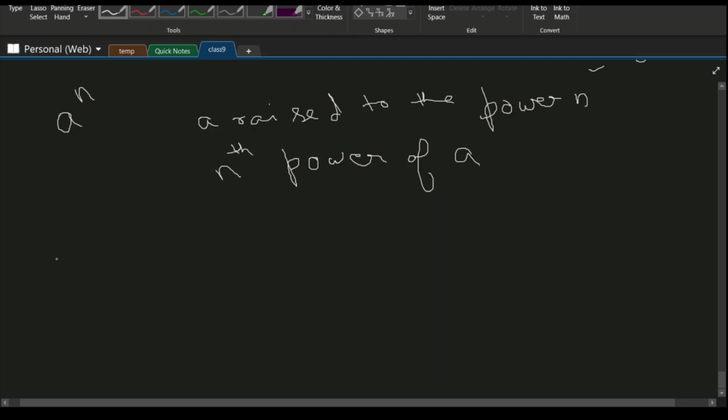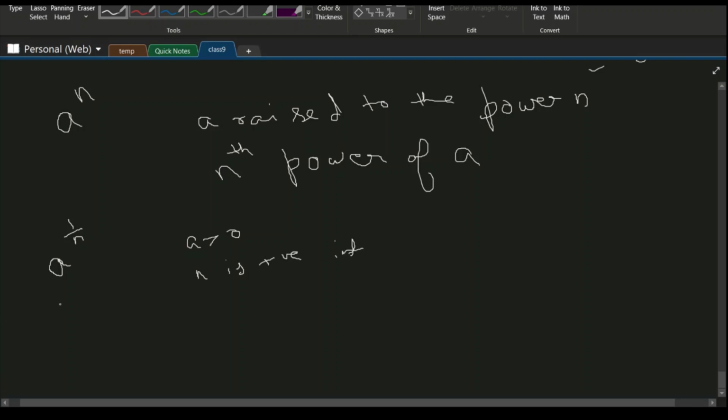Now if I say a to the power 1 by n, again n is a positive integer, so 1 by n is numbers such as 1 by 2, 1 by 3, and so on, and a is any positive number here. Let's focus on positive numbers as of now, then we'll talk about what happens if a is negative. But for now we'll restrict our case to a greater than 0 and n a positive integer.